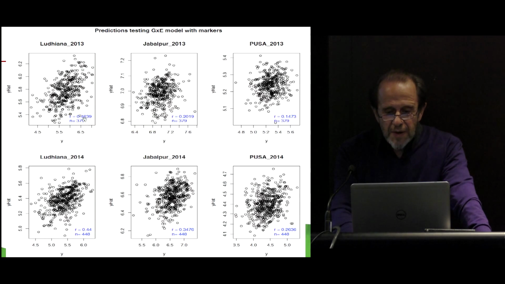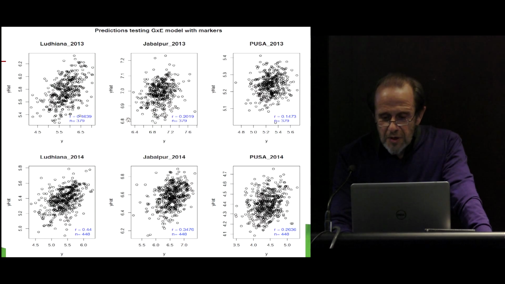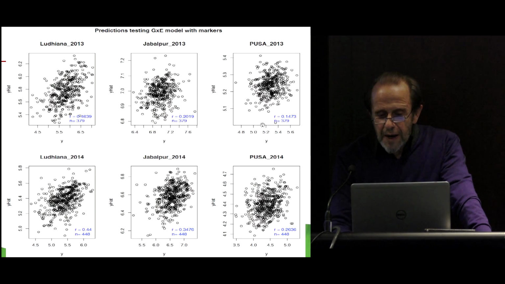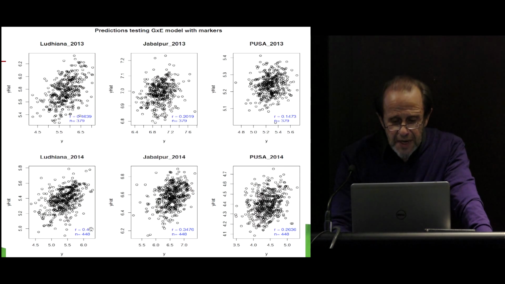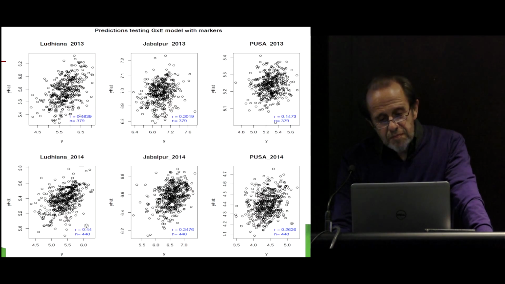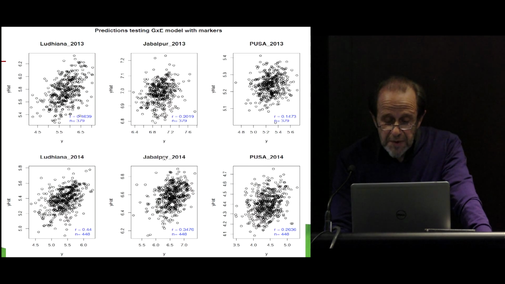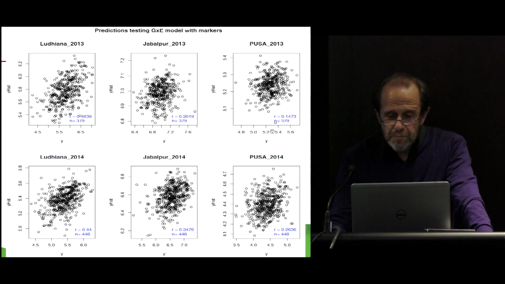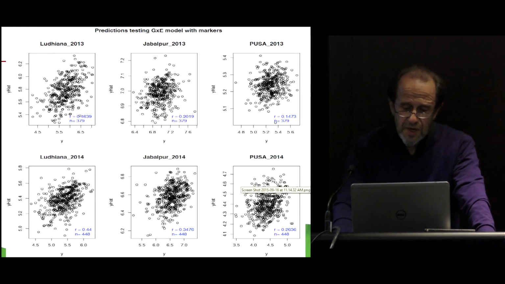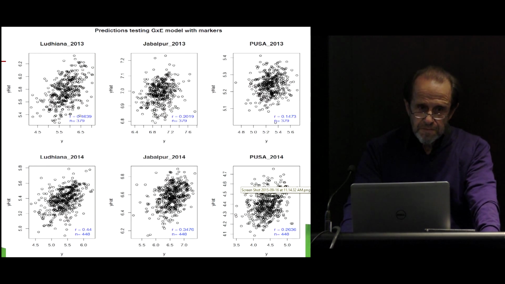In Jabalpur, 0.2. In Pusa, 0.14. Ludhiana next year was 0.44, a good prediction for Ludhiana. Jabalpur was a little bit higher in 14 than 13. Pusa a little bit higher in 14 over 13. I would say these predictions are not bad.